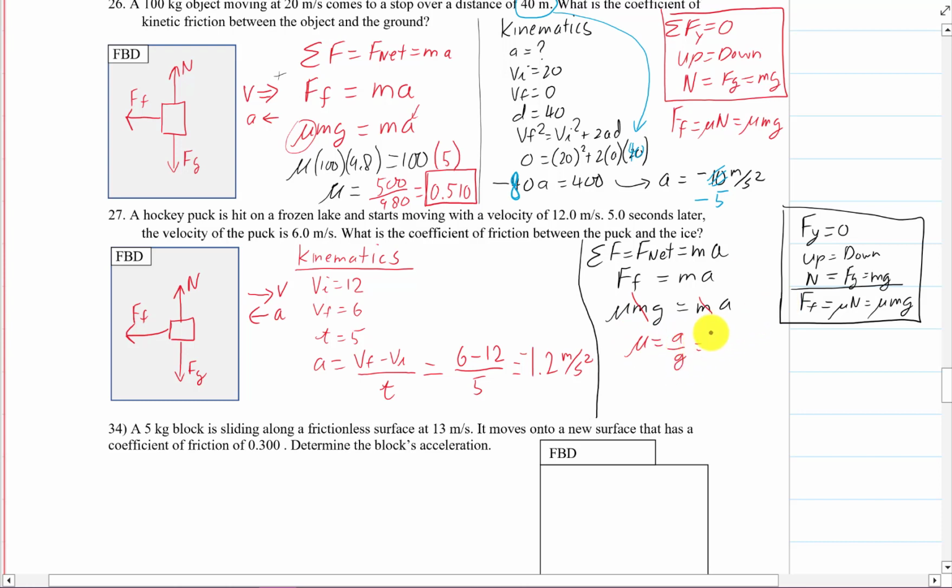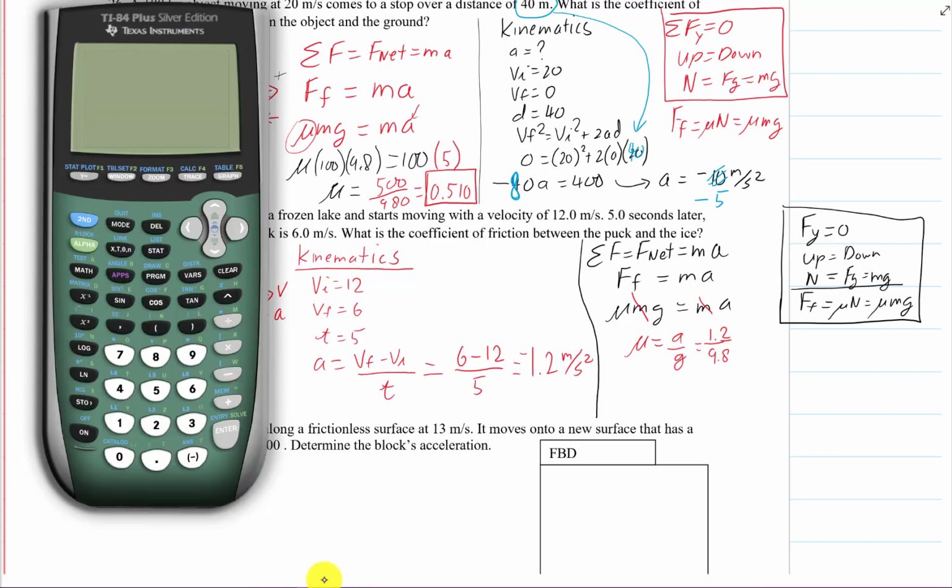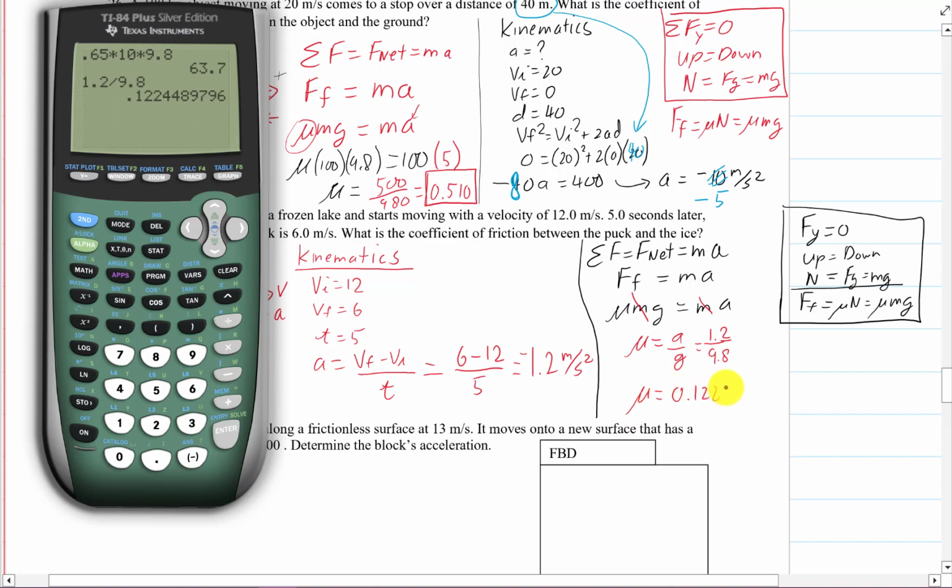So that is 1.2 over 9.8. And so the mu here is 0.1224.